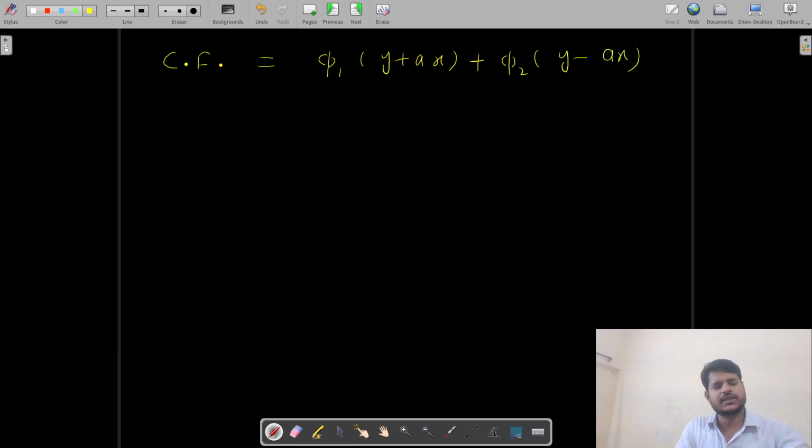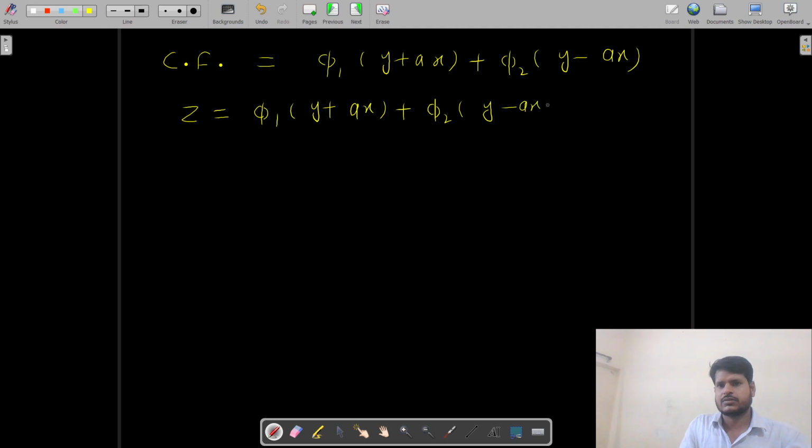Also, this is a homogeneous linear partial differential equation, so the solution will contain only the complementary function, that is z equals phi 1 of y plus ax plus phi 2 of y minus ax. So this is the solution.